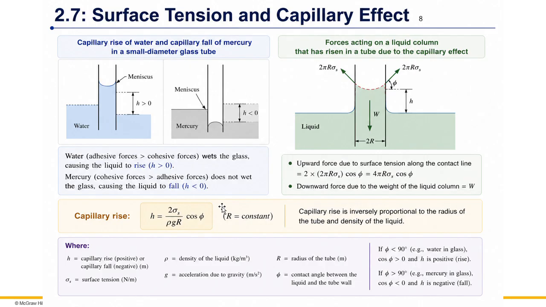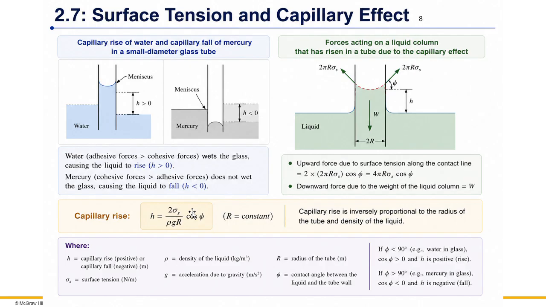If the surface tension increases, capillary rise increases. If the density increases, capillary rise decreases. If the tube radius increases, capillary rise decreases. That's the reason why, to demonstrate the capillary effect, people usually choose a slender tube, not a bigger pipe.